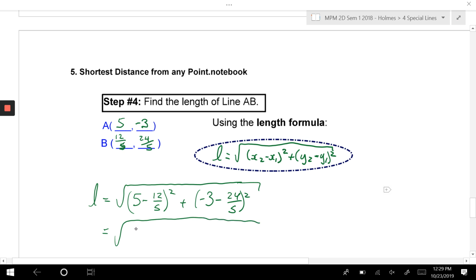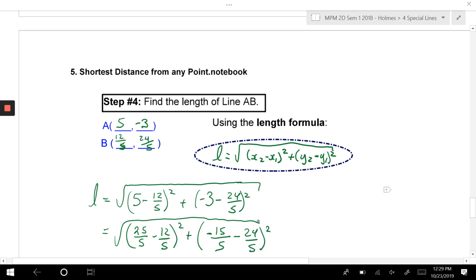So 5 is the same as 25 over 5. Subtract 12 over 5. We square that. -3 becomes -15 over 5.